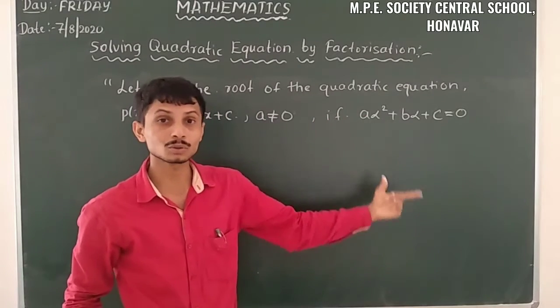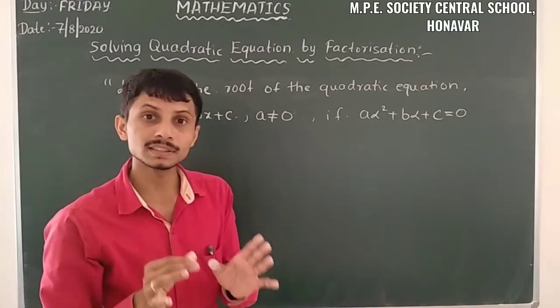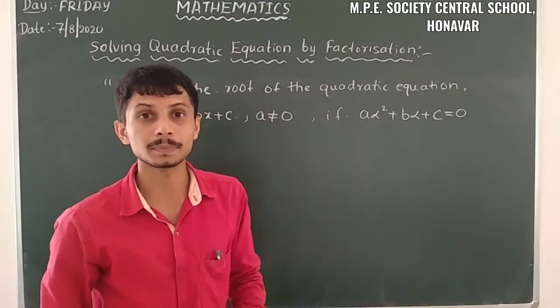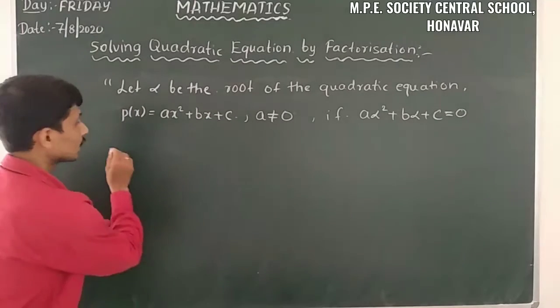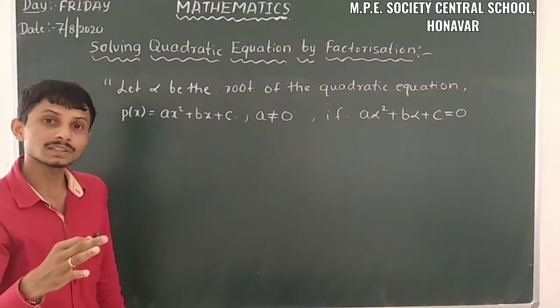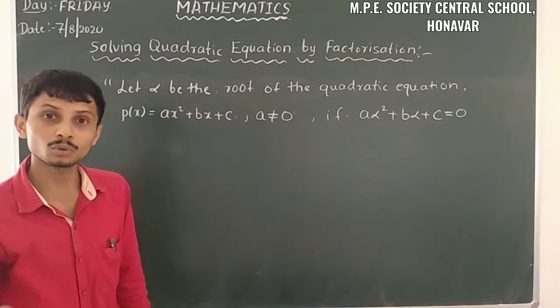When p of x is equal to 0, we already studied that when the polynomial is 0, the value of that variable is the zero of the equation. Apart from the zero, we can take it as a solution of the equation, or root of the equation.